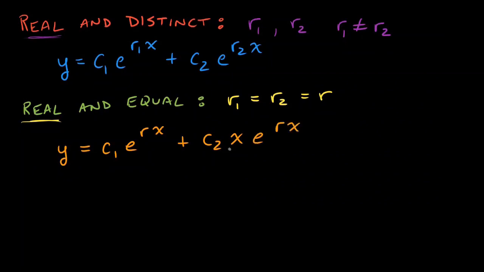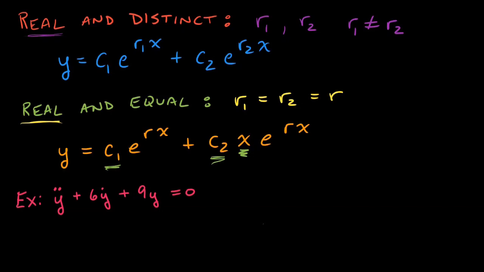So we have this x term here. We're not going to prove why this works this way, but essentially that structure will work as a solution to the differential equation, and it also lets us set up with our initial conditions something that lets us solve for two different constants, to produce a particular solution when we do have initial condition constraints.